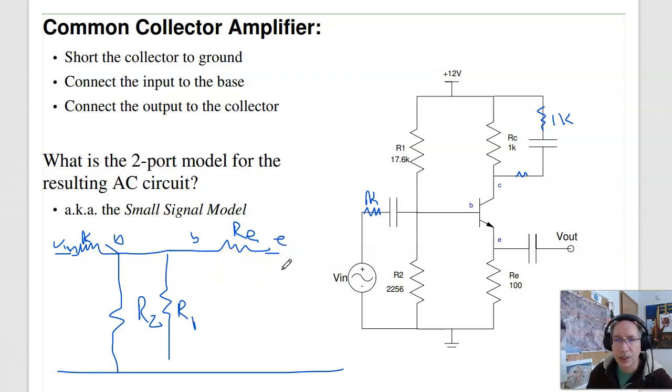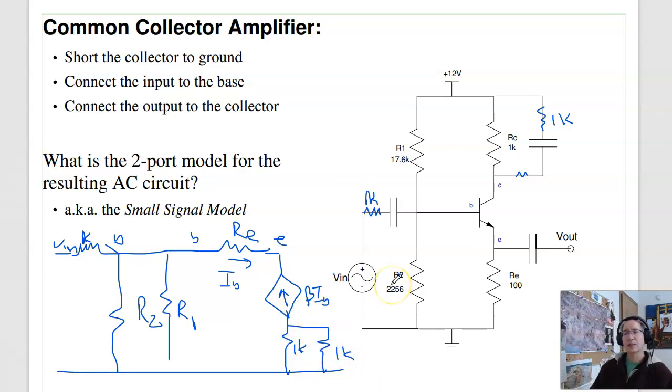Emitter goes to collector through beta IB. Here's IB, goes base to emitter. And now the collector goes to ground through a 1K and a second 1K.